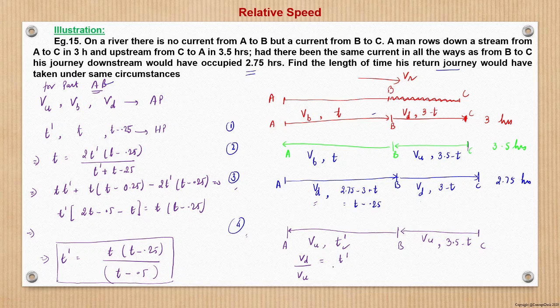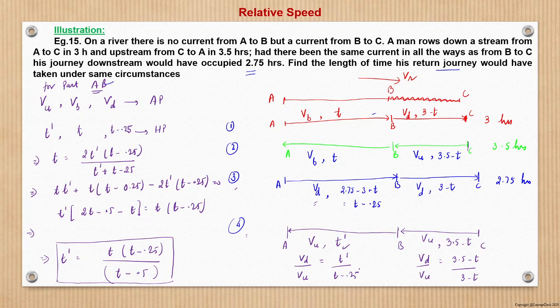So it will be t dash upon t minus 0.25. And in this case, again BC and BC same, so I can say the ratio of speed will be the inverse of the time. So it is 3.5 minus t upon 3 minus t. And since both the ratios are same as VD upon VU, we can equate these two relations. So this I equate here.